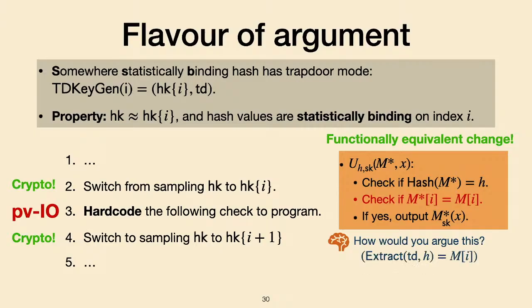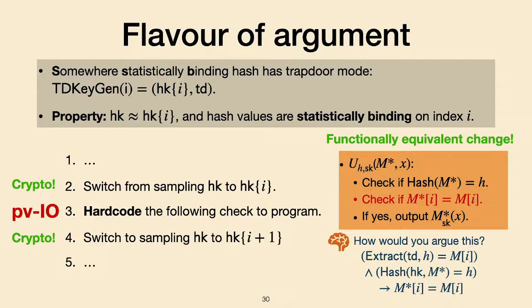You would say, well, if I extract this hash, I'll get M of I. And the fact that the hash of M star is equal to H, and these H's are the same, means that the ith bit of M star must match M of I. This is how you would try to reason. If you wrote down this proof of functionality equivalence, this is what you'd write down.